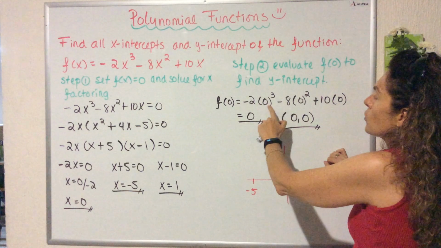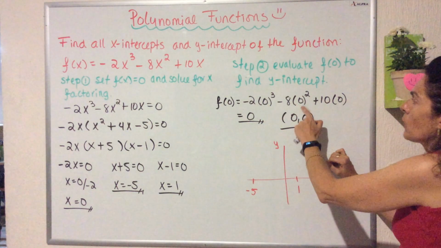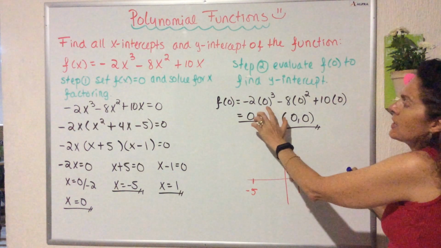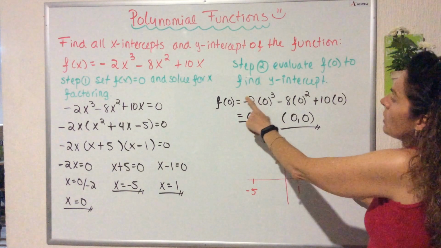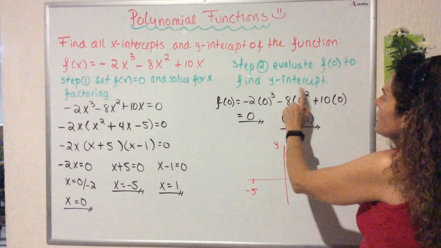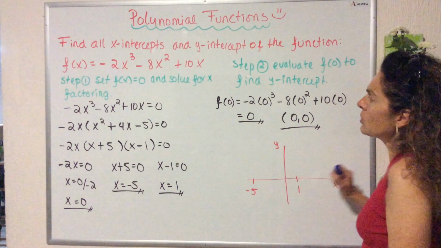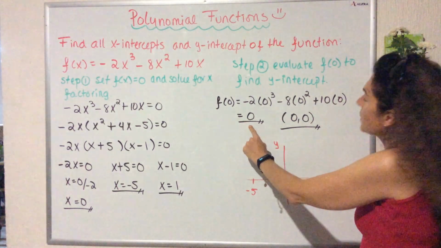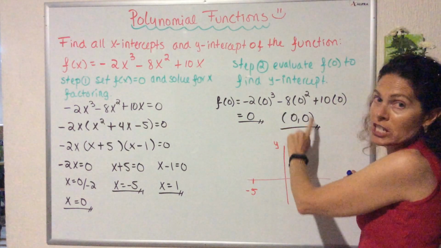So we have minus 2 times 0 to the third, minus 8 times 0 to the second, plus 10 times 0 equals, so as you can see, here we have 0 raised to the third power, we get 0 times minus 2, 0. 0 also here, and 0 also here, so in the end we have 0. So when x equals 0, y also equals 0, so the y-intercept is going to be in the origin.